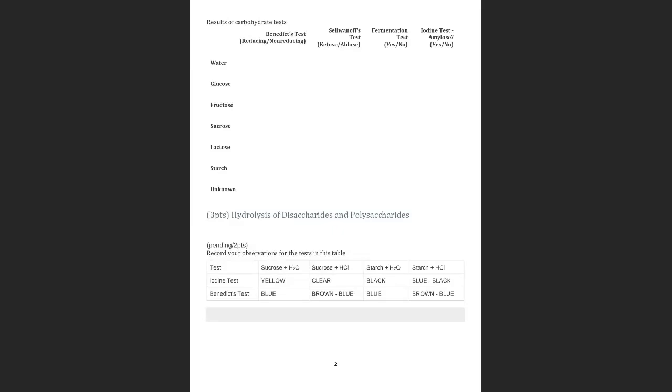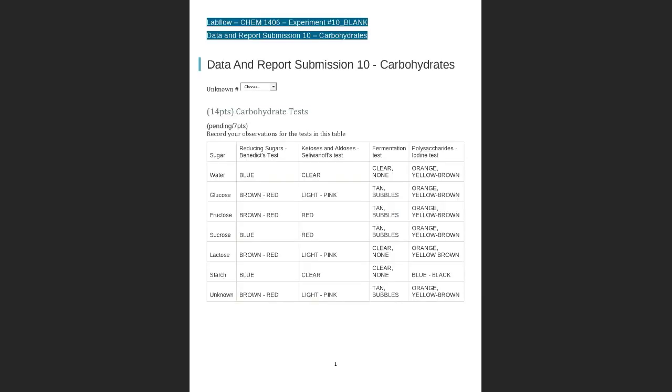Let's look at glucose. What did we say about glucose? Let's look at the data before. We know now, because we went over before, why glucose is a reducing sugar. But let's look at here.